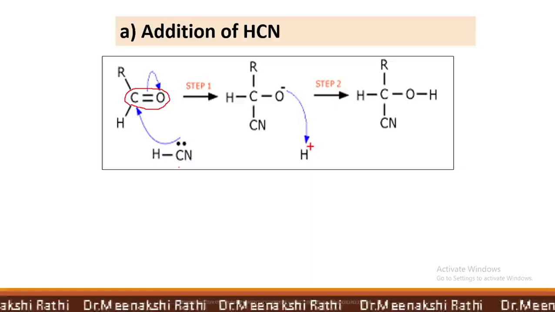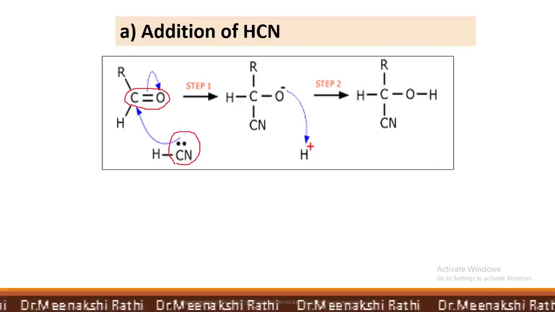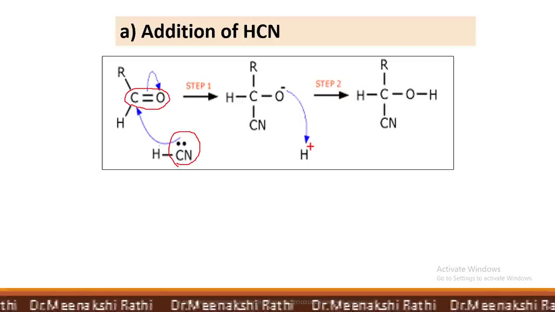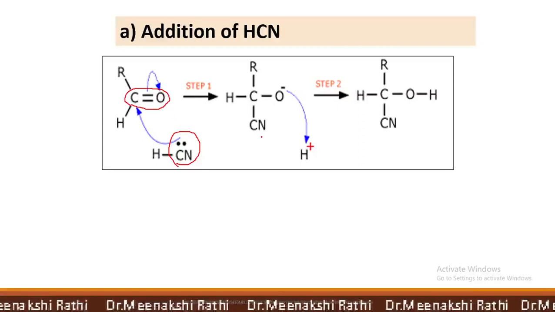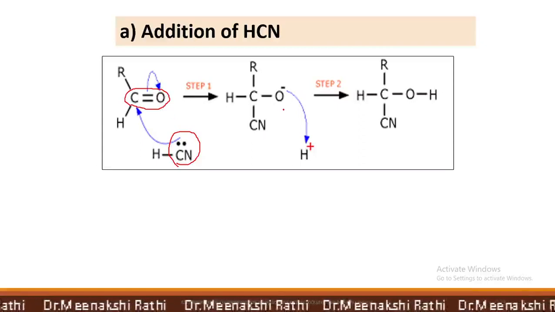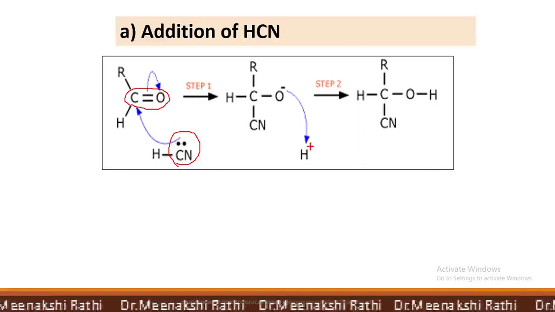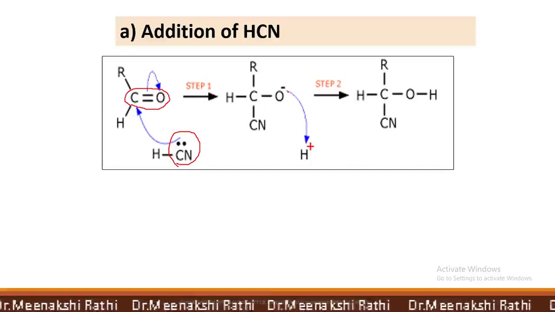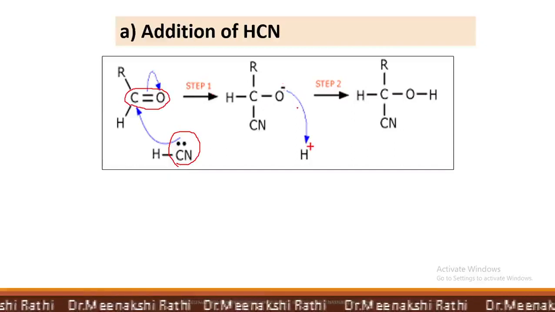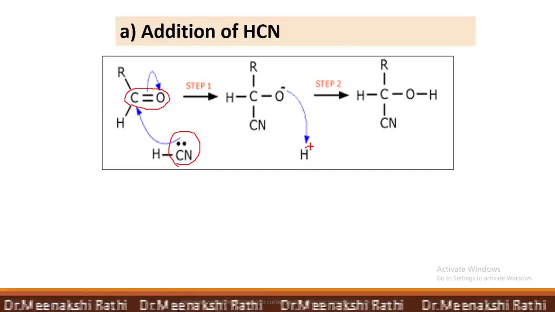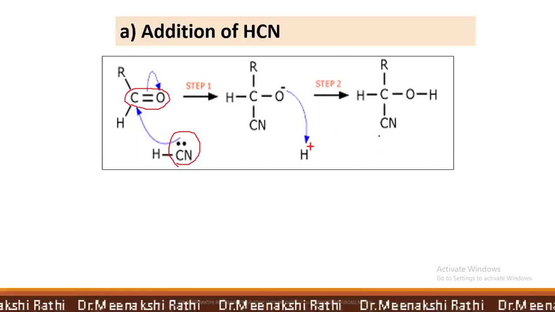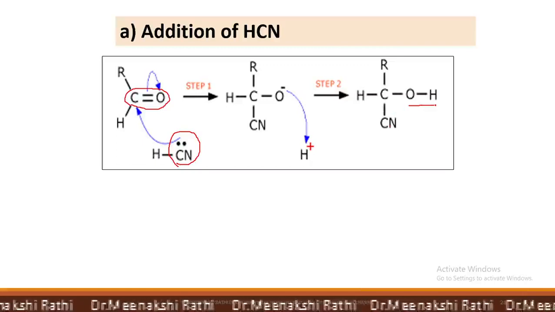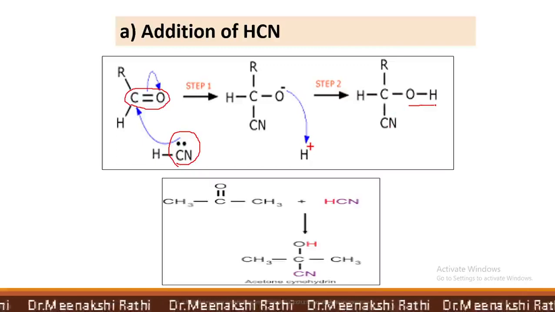So the negatively charged nucleophile from HCN, that is cyanide, gets attracted towards the carbon, and later on as cyanide adds to carbon, this double bond opens to the oxygen in the form of negative charge, and this negatively charged oxygen attracts the hydrogen. So there is formation of OH and we get cyanohydrine.